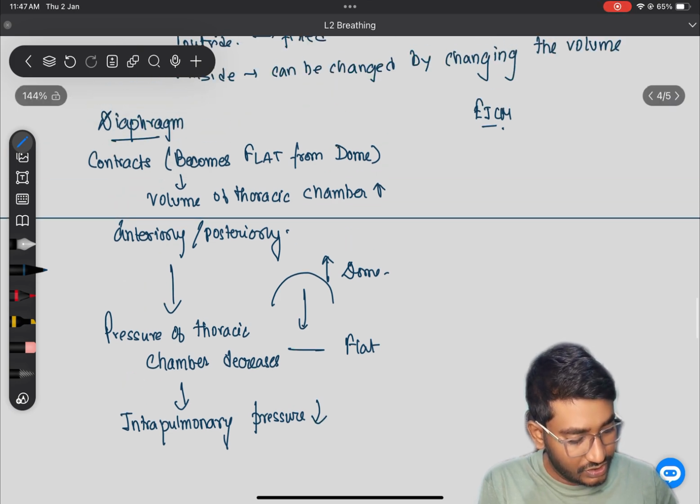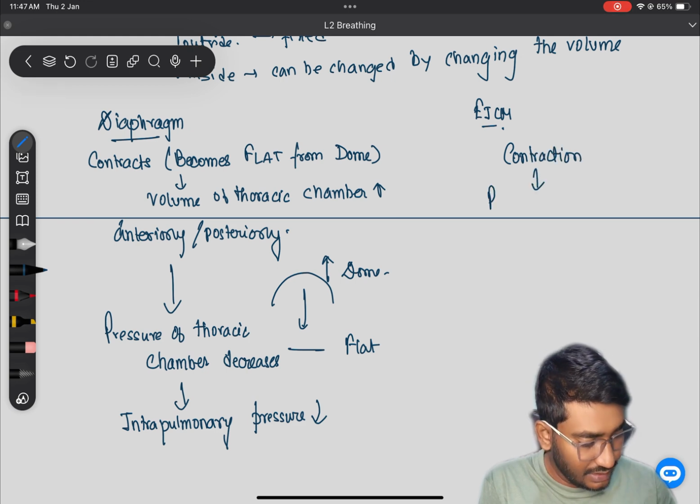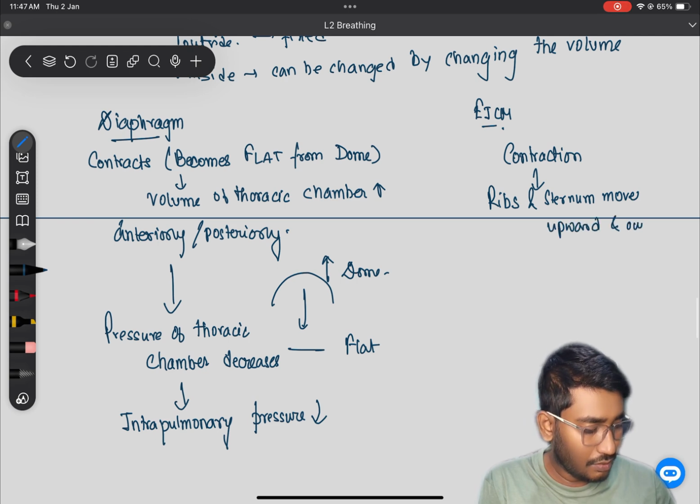In case of contraction of the external intercostal muscles, the ribs and sternum move upward and outward.